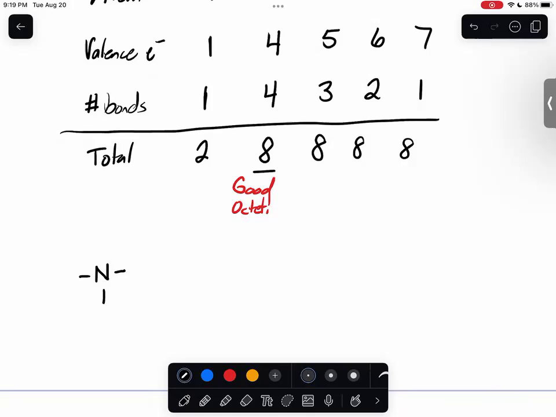So looking at this, if we bond that nitrogen to each of these hydrogens, we see that nitrogen at the moment around it has 6 electrons shown because remember that each of these bonds is 2 electrons. That does mean that nitrogen, who wants 3 bonds and comes with 5 valence electrons, will have 2 electrons chilling out as a lone pair, right? And these lone pairs make up for some of those bonds not being there.